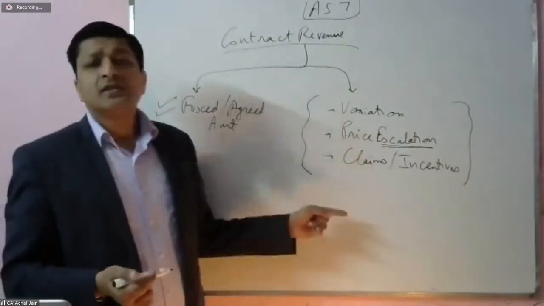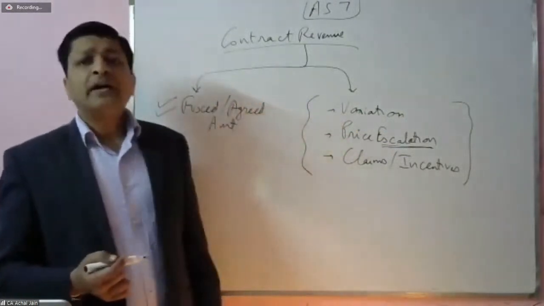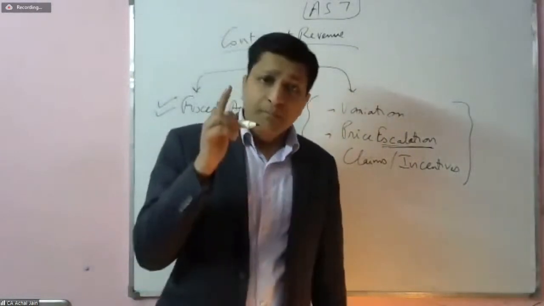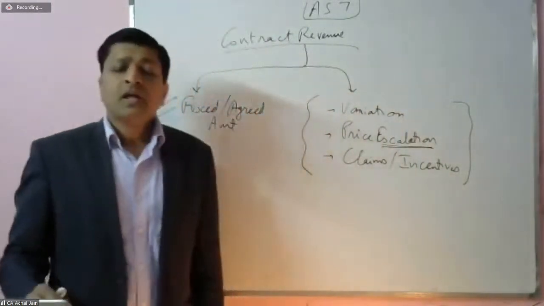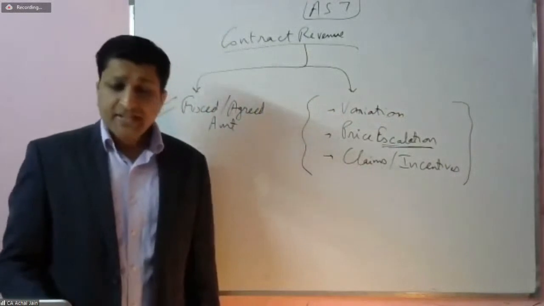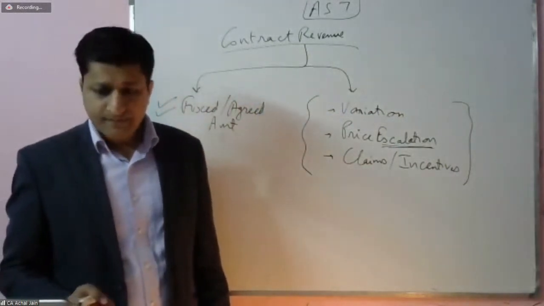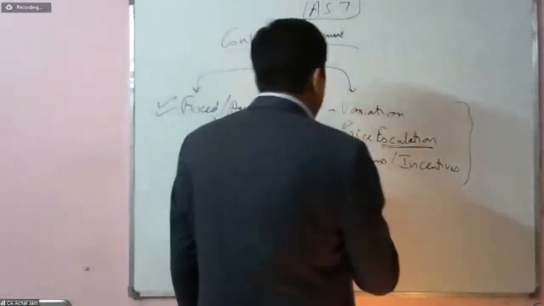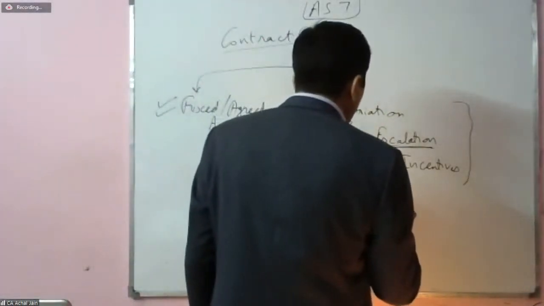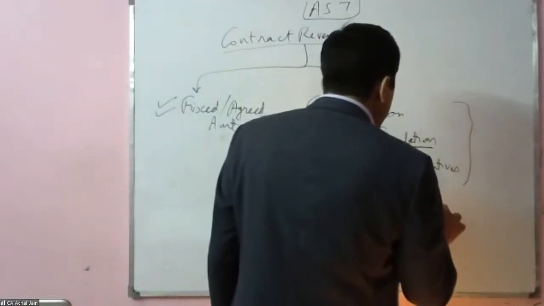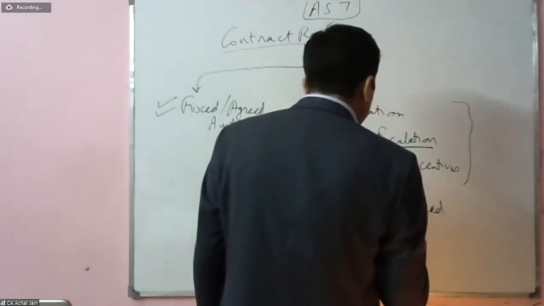These parts are also required to be considered as part of contract revenue, but only when these are clearly agreed between the parties. These are required to be included as part of contract revenue when these are clearly agreed mutually.